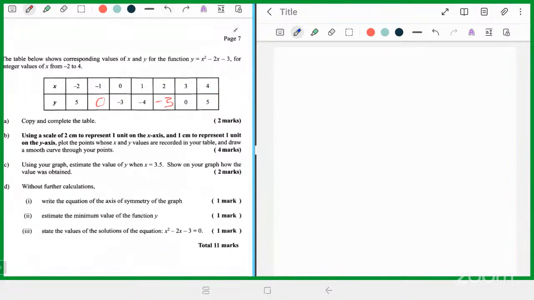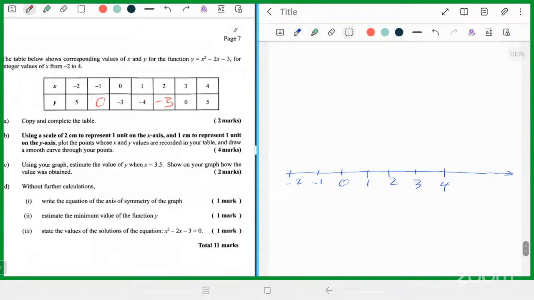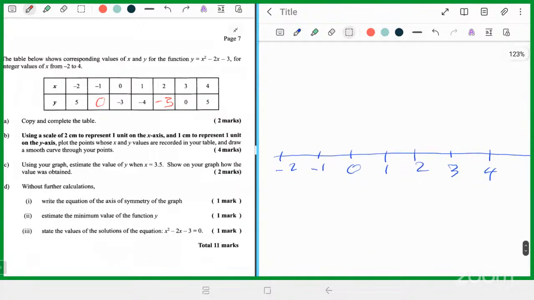All right, so let me put the x-axis right here, and I'm going to start at -2, -1, 0, 1, 2, 3, 4. Let me do it that way, and then zoom it up. The x-axis here, and the y-axis comes through the origin here.